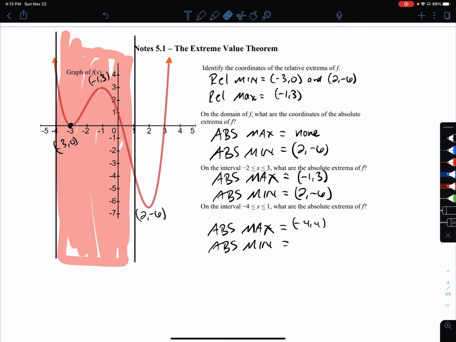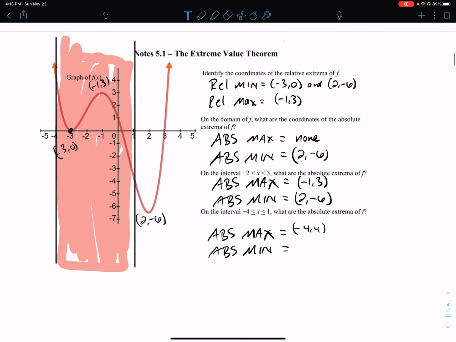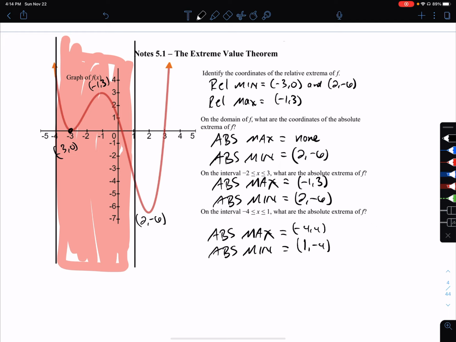And the lowest point on the graph would be here, which looks to be 1, -4. Your graph might be a little bit different because I changed these notes just a little bit.